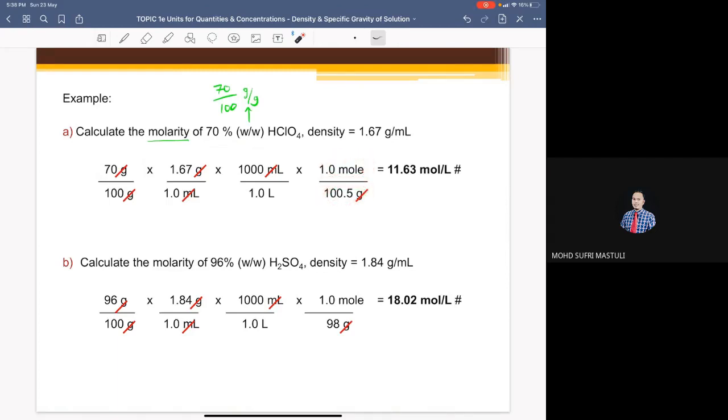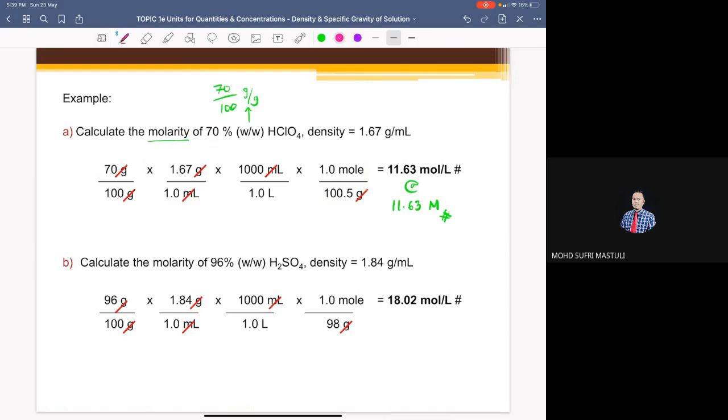When you calculate using your calculator, you can obtain 11.63 mole per liter, or 11.63 molar. Okay, I will teach you another way to calculate this molarity.